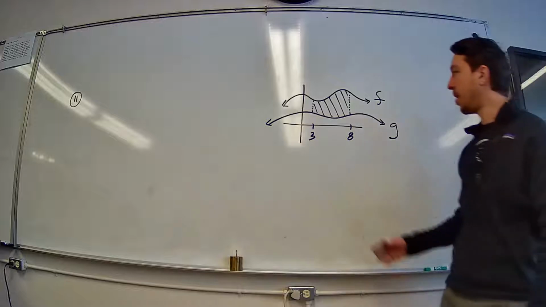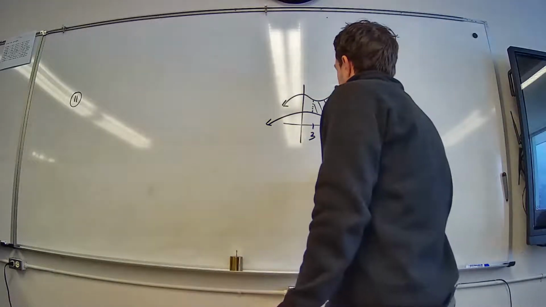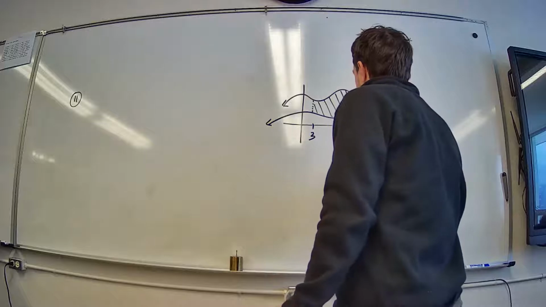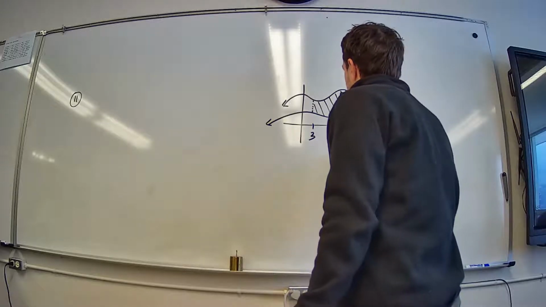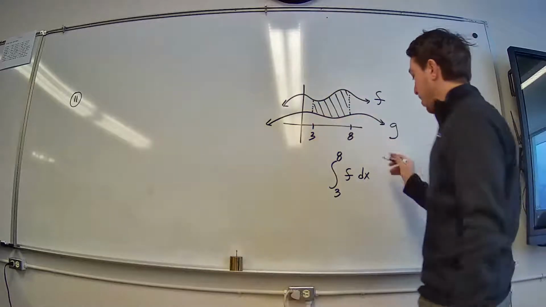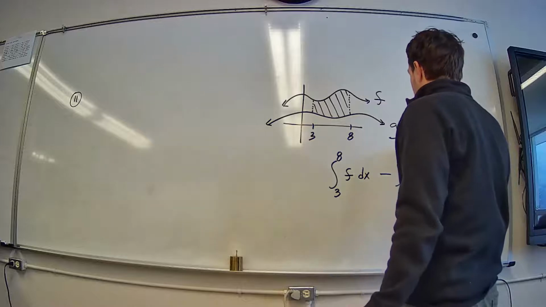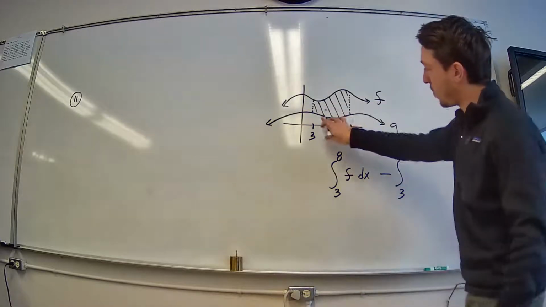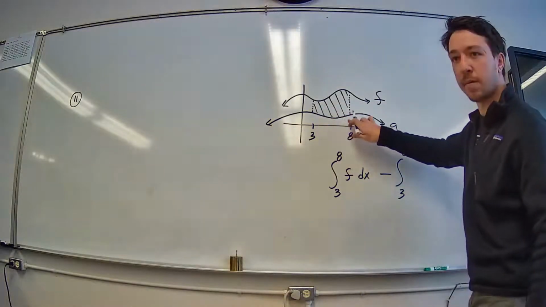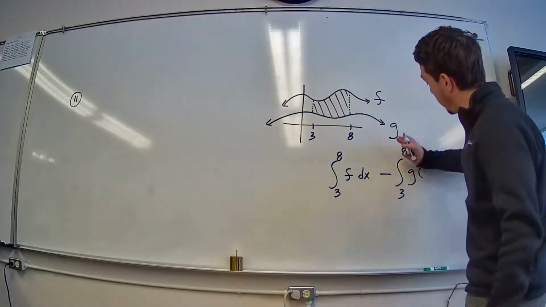Very good. If I looked at the integral of f between 3 and 8, that would be the area from this curve down to the x-axis. And if I subtracted the integral from 3 to 8 of g, which would be this area down here, I'd be left with the leftover.